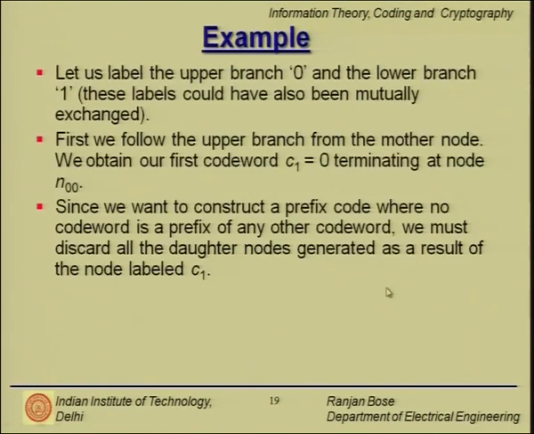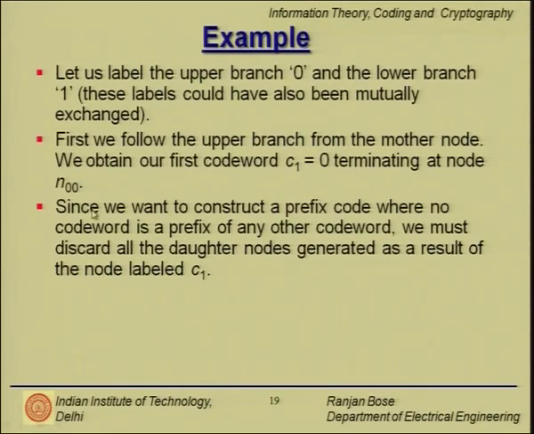Now comes the question of labeling of the branches. It is our choice: we can label the upper branch 0 and lower branch 1, or we can exchange it without loss of generality, and label the upper branch 1 and the lower branch 0. And then we can label the nodes as being code words, right.